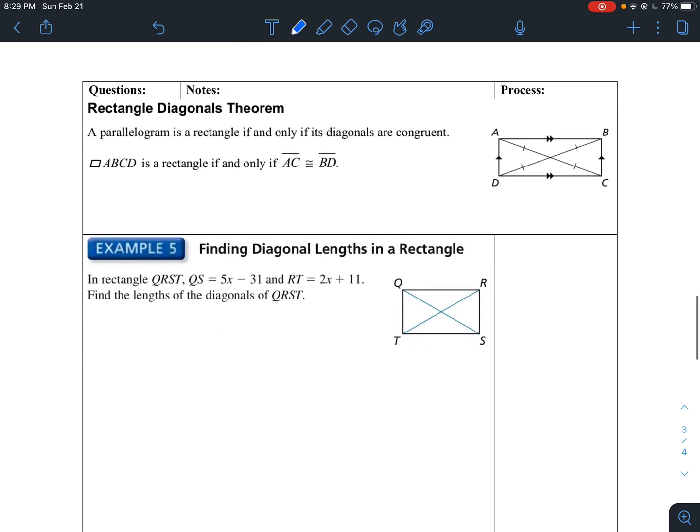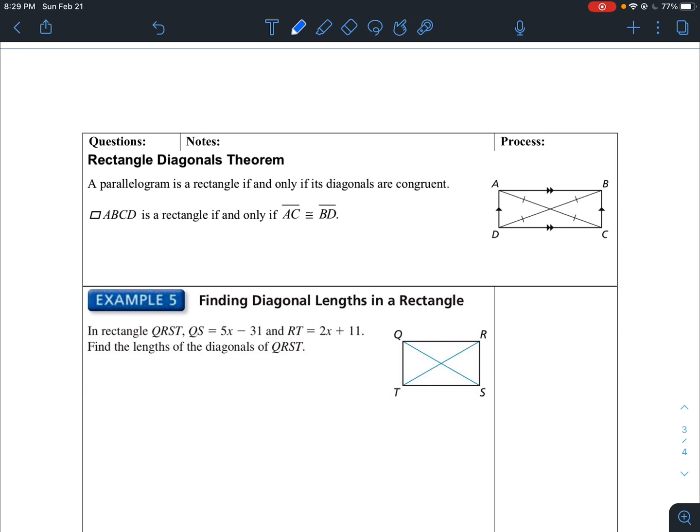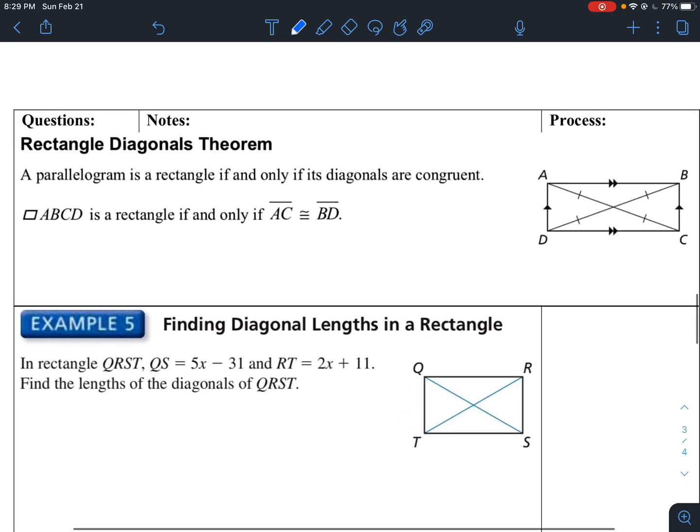Alright. Now let's talk about this last theorem here. So this is the rectangle diagonals theorem. A parallelogram is a rectangle if and only if its diagonals are congruent.